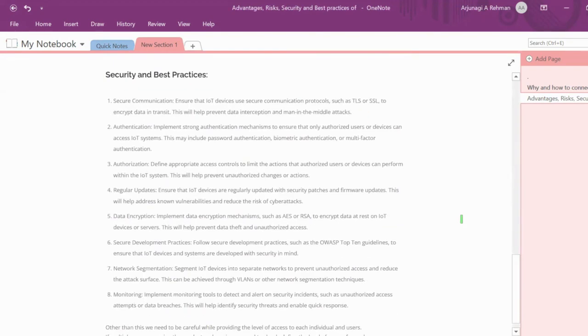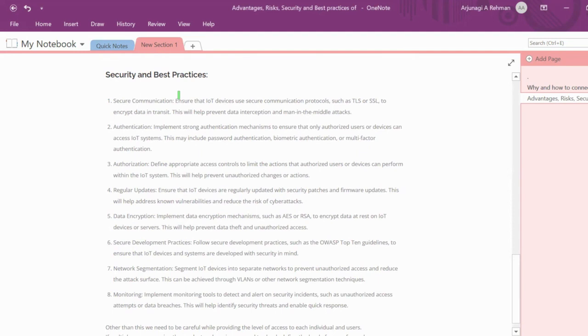So now let's see security and best practices. To make IoT systems and devices secure, you can follow some best practices. First of all is secure communication.